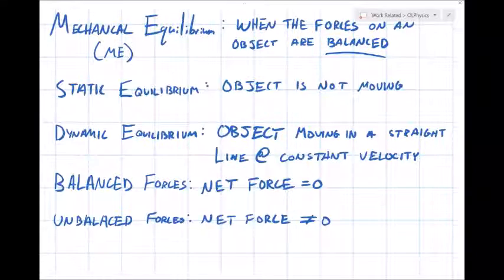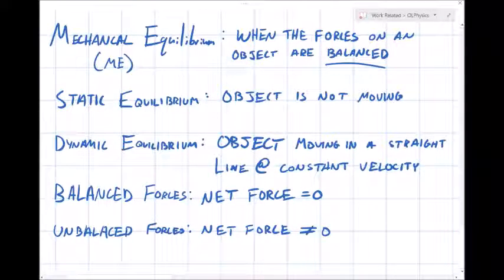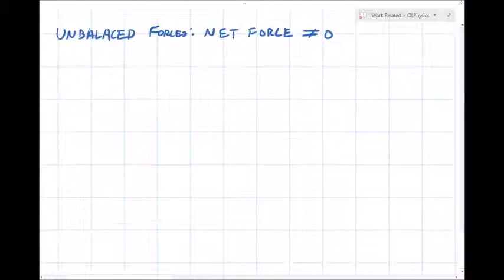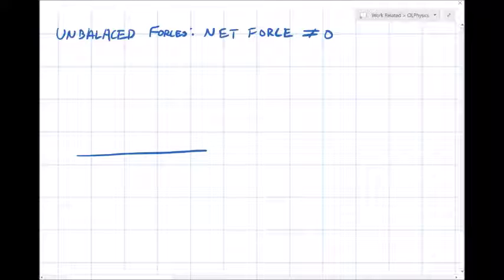So let's look at the case of something that is in static equilibrium. We can look at a little ball example that we had from the last lesson. Let's just say there's something just sitting still, your velocity is 0. This is static equilibrium.